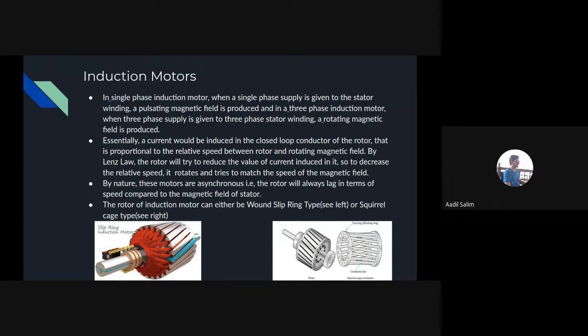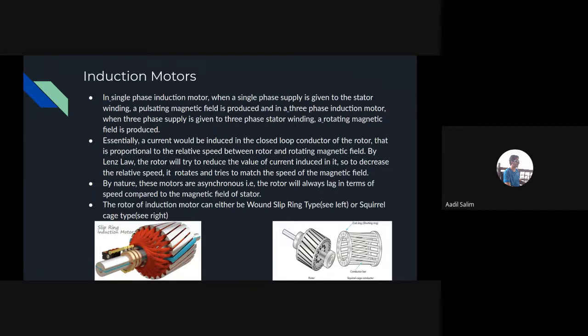Pulse just refers to high, low, high, low. Such a rhythm will be known as a pulse. In a three-phase motor, we can get a rotating magnetic field. Essentially the output will be sinusoidal and continuous.